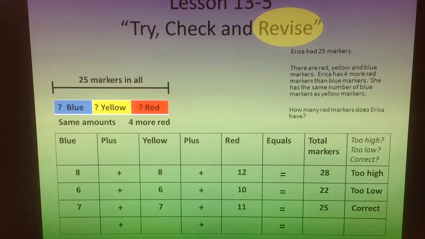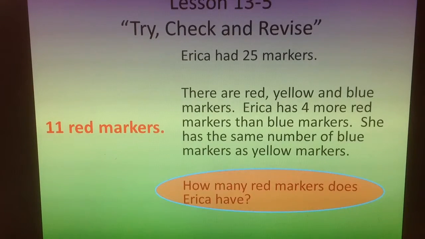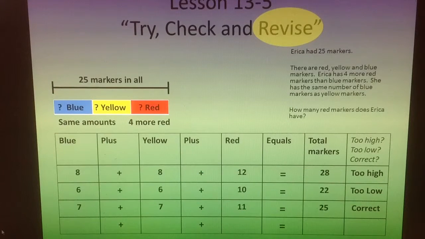There is a difference of 4 between 7 and 11, so it checks. Got the right answer. How many red markers does Erica have? 11 red markers. Just to review, we're not going to say 7, 7, 11 is our answer. We're not going to say 25 is our answer. But since the question asked how many red markers, our answer is 11.